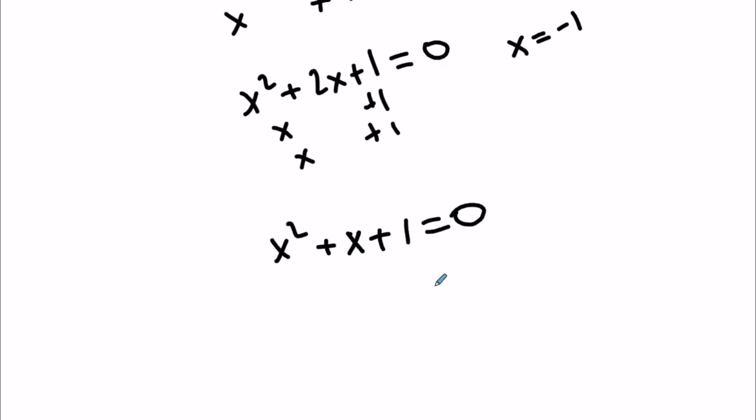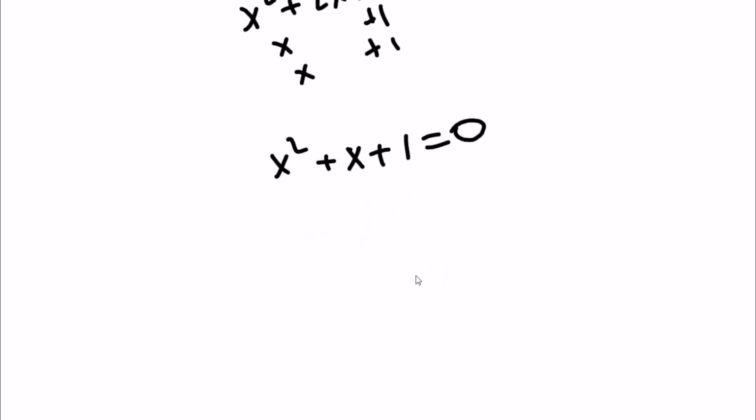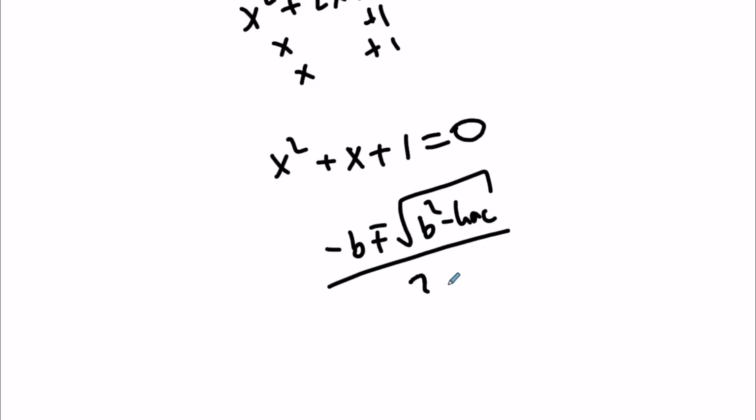What are the roots of this, guys? If we apply the rule minus b plus or minus the root of b squared minus 4 multiplied by a multiplied by c, over 2 multiplied by a, where a, b, c are the coefficients.